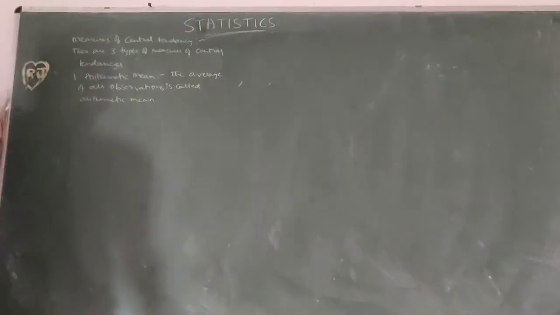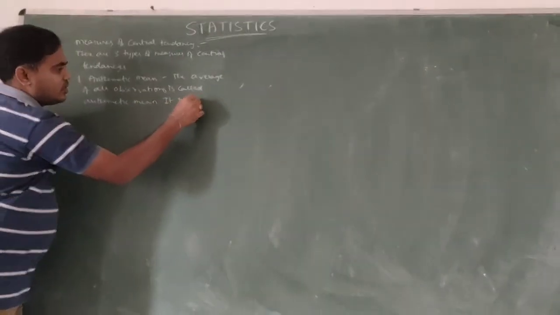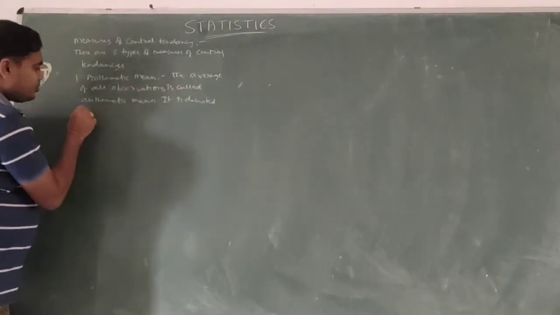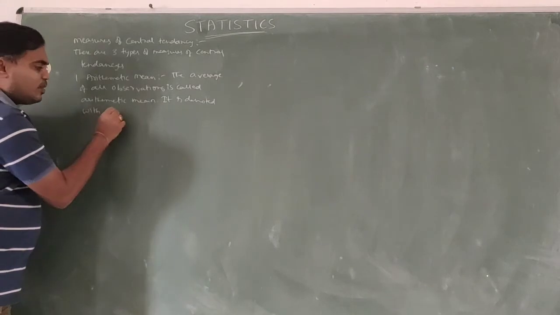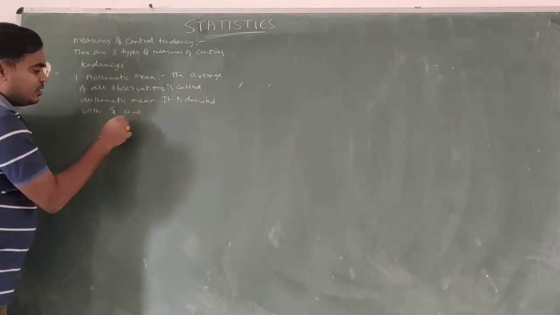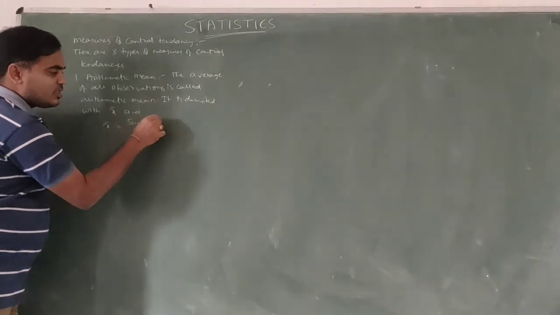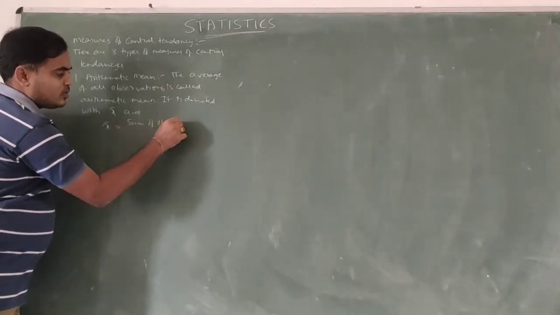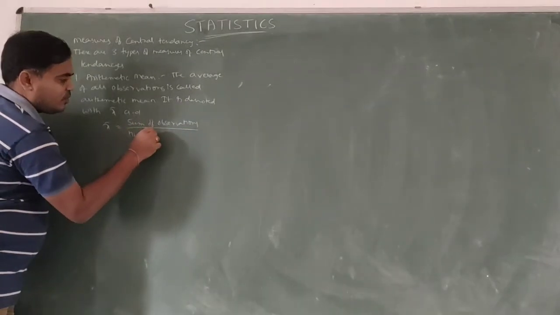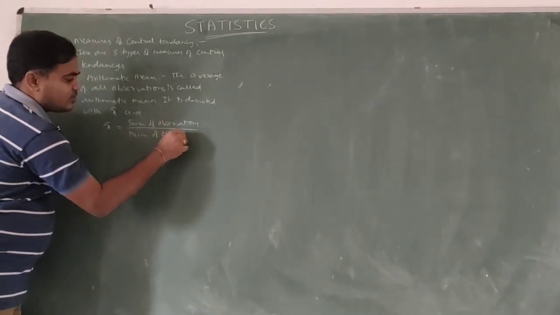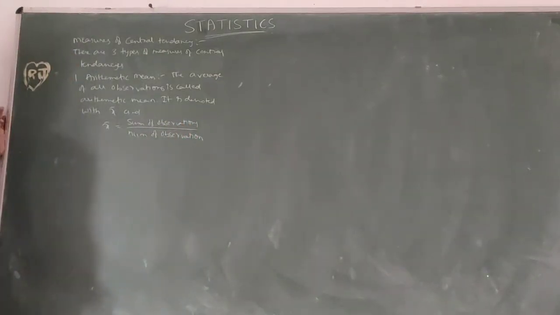So the formula: it is denoted with x bar, and x bar equals sum of observations by number of observations.